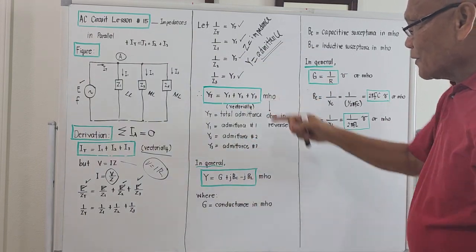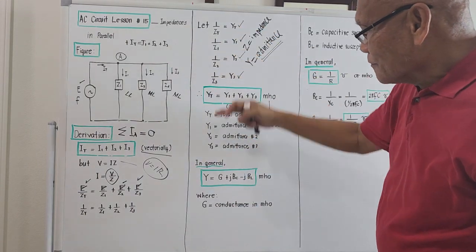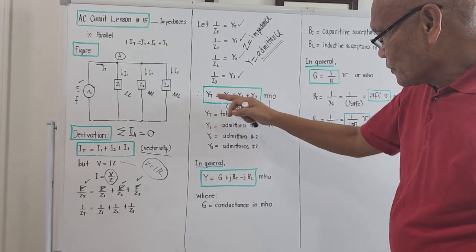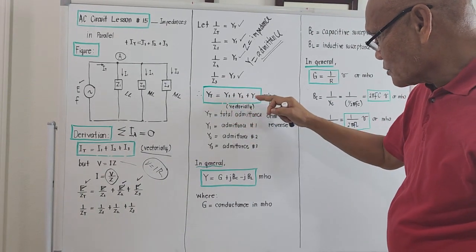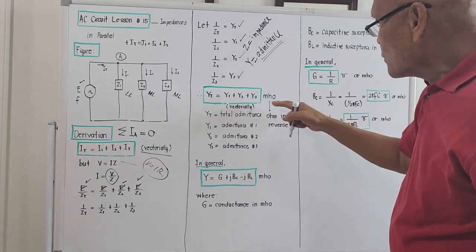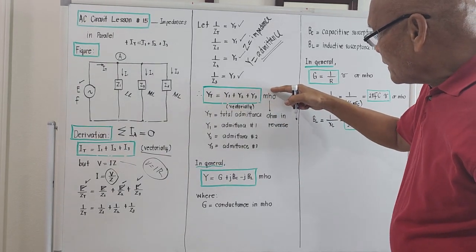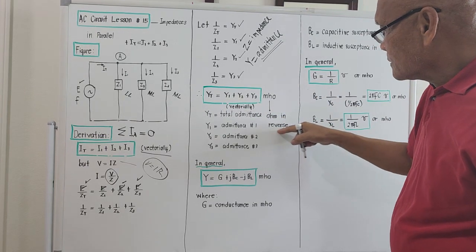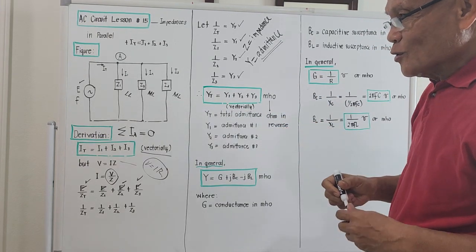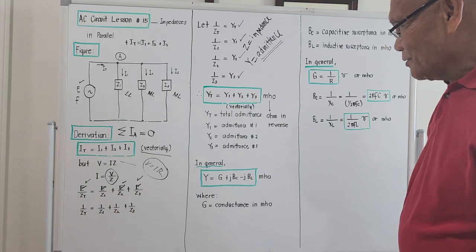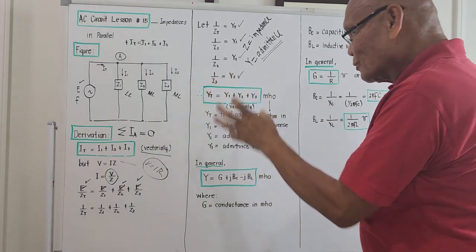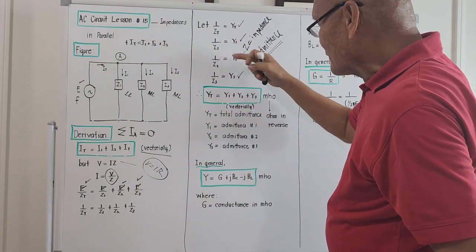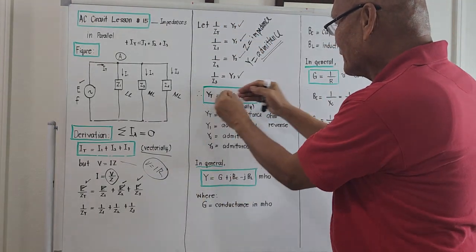So if we replace this substitution back into this, what will come out is Y total equal to Y1 plus Y2 plus Y3, and the unit is mho. MHO is actually ohm in reverse. So for a parallel circuit, to compute for Y total, take the reciprocal of the individual impedances, then add them vectorially.